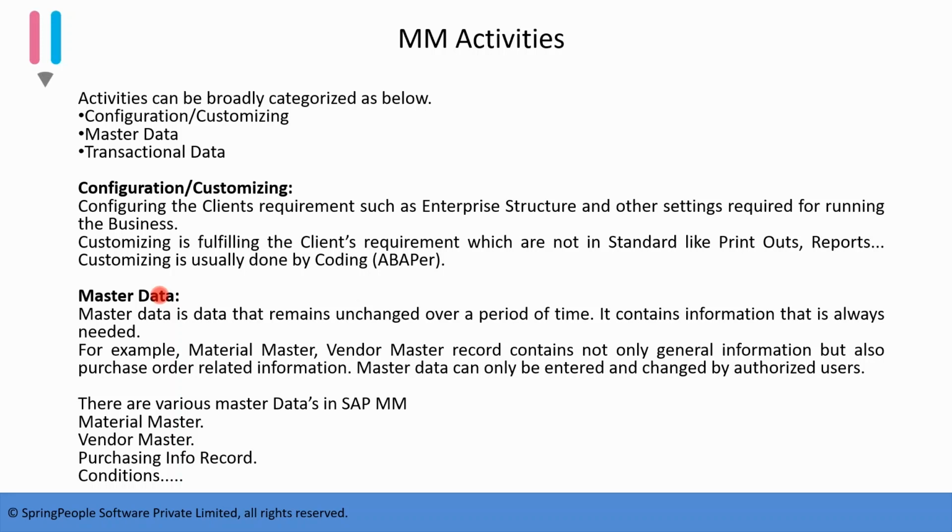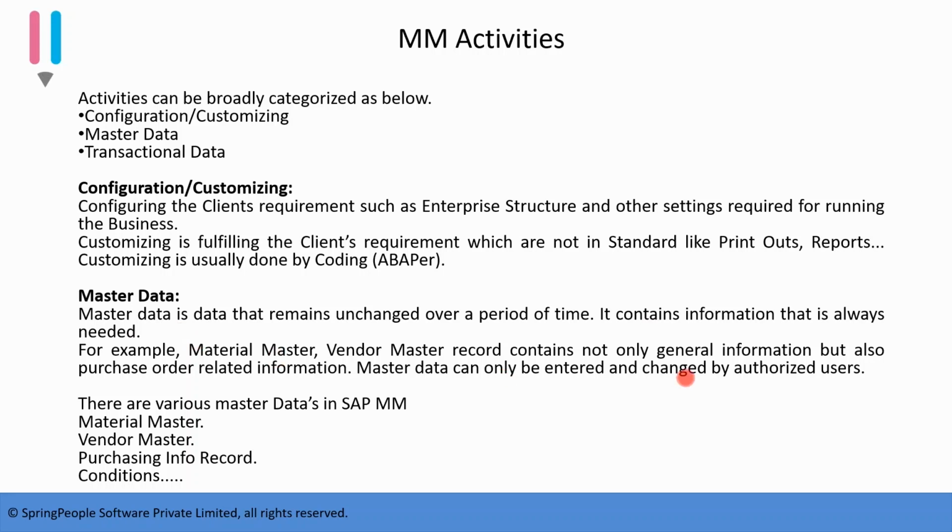Once in a while, if he changes his location, there is a need to change the address, or else there is no change in the vendor master at all. Master data is data that remains unchanged over a period of time. It contains information that is always needed.